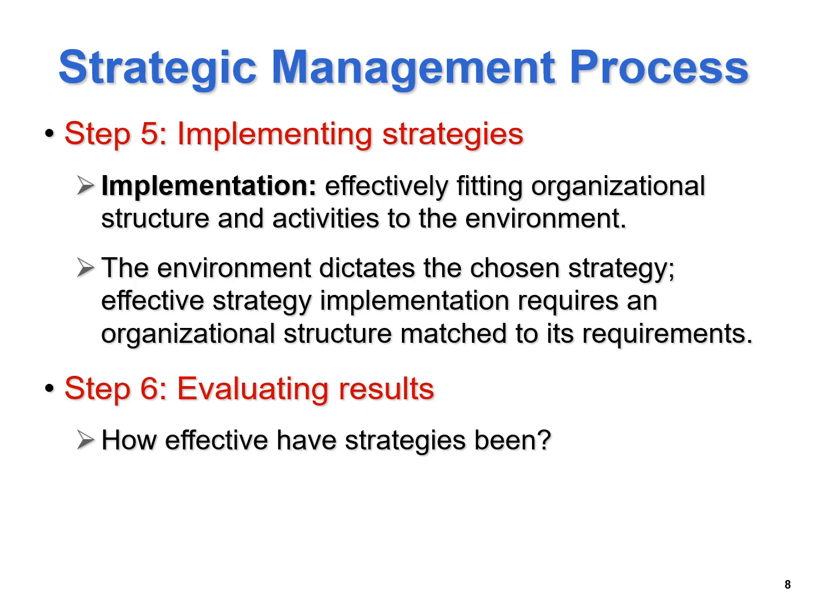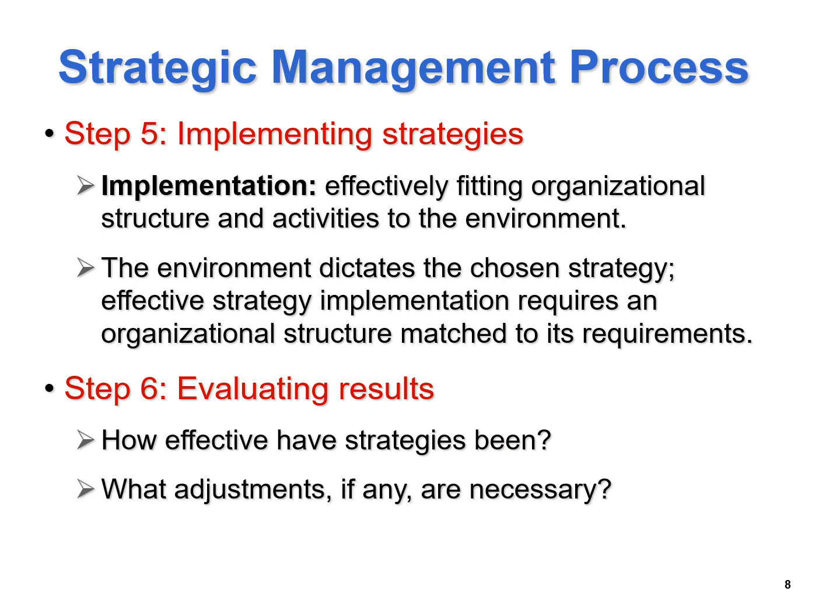How effective have strategies been? What adjustments, if any, are necessary? We need to look at this. Adjustments in environment, adjustments in culture, adjustments in policies, adjustments in structure. We need to find it out.